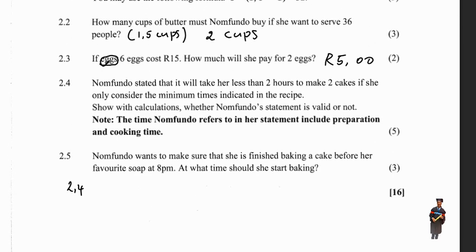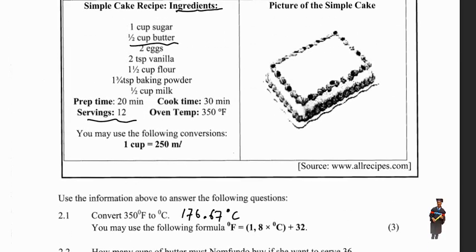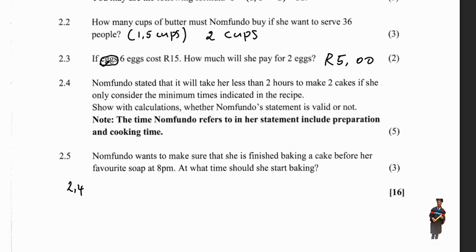Okay, let's check. Remember, they have told us that preparation time is 20 minutes, cook time is 30 minutes, and this person wants to make 2 cakes, and she is claiming that making 2 cakes will take her less than 2 hours. Now let's check.